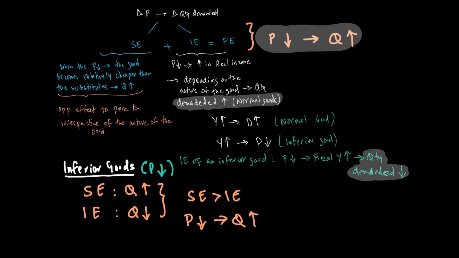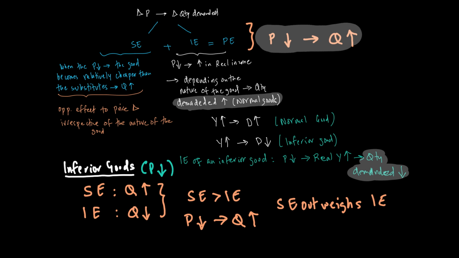In other words, the substitution effect outweighs income effect, primarily because the income effect for inferior goods is really small. These goods are really cheap and they may not affect our income that much. For example, if the price of a bus ticket goes down, it doesn't make our income effect much larger, and as a result, we will still see when the price goes down, the quantity demanded go up, for both normal and inferior goods, despite inferior goods having an opposite income effect.